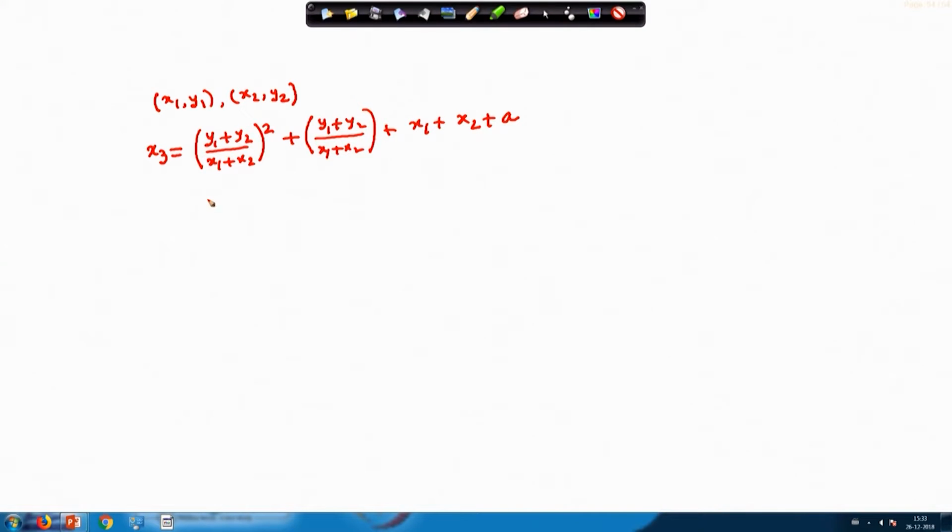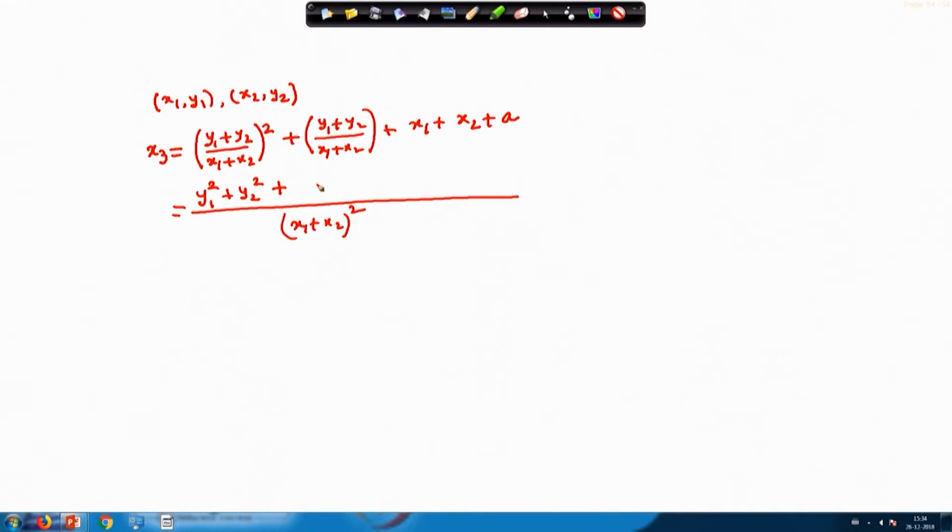Now if I simplify this, in the denominator I have x1 plus x2 whole square, and in the numerator, since it is characteristic 2 and all these elements x1, y1, x2, y2 are GF(2^m) elements, I will have y1 square plus y2 square, plus x1 plus x2 into y1 plus y2.